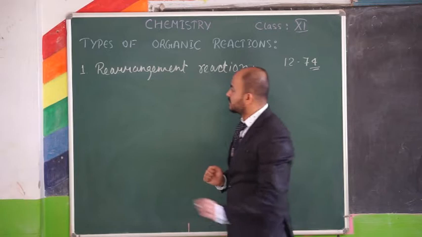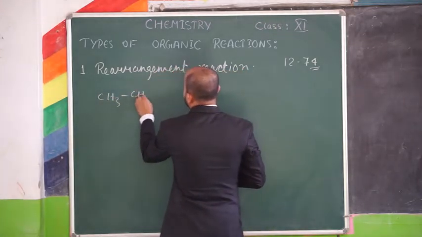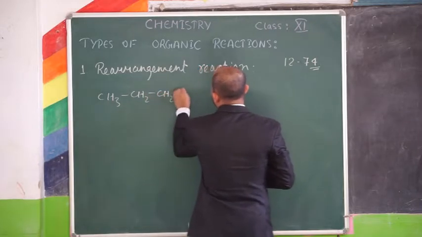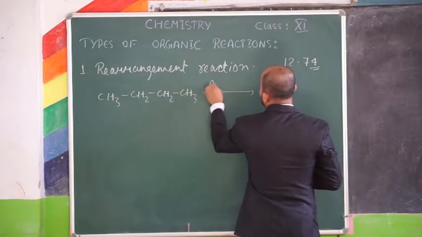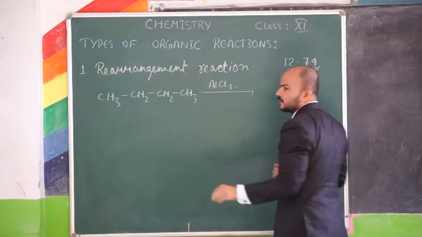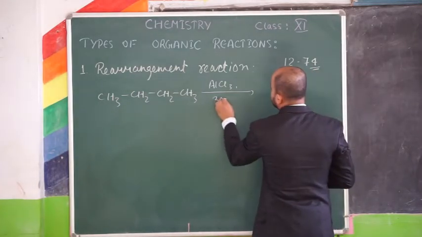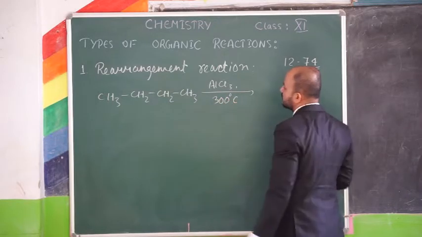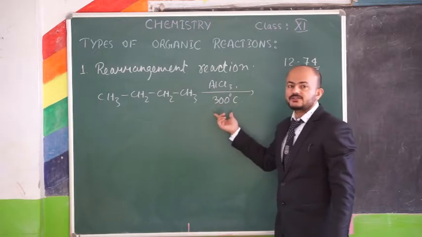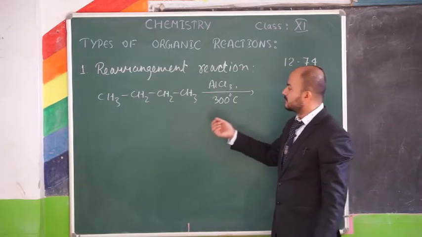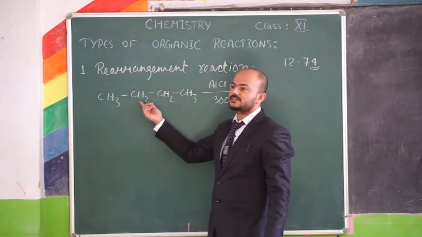So we have this type of reaction where we have this CH2, and CH2. In the presence of aluminum trichloride, and a suitable condition, that is 300 degrees centigrade, rearrangement within the molecule will take place.